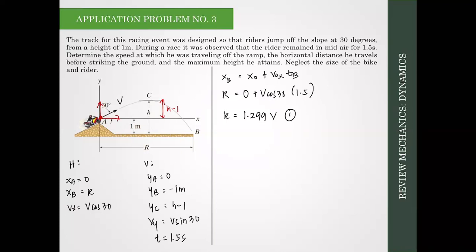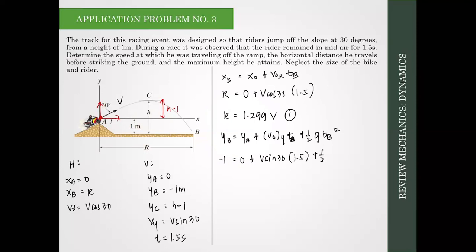Next equation natin is yung y sub b equals to y sub 0, initial natin, y sub a plus v sub 0y t plus 1 half g t sub b squared. Okay? So yb natin is negative 1. Ya natin is 0. Plus v0y natin, V sine 30 times 1.5 plus 1 half.